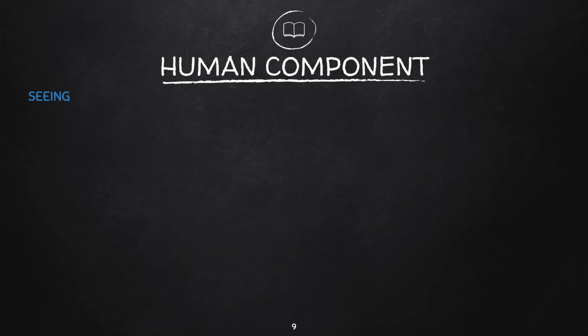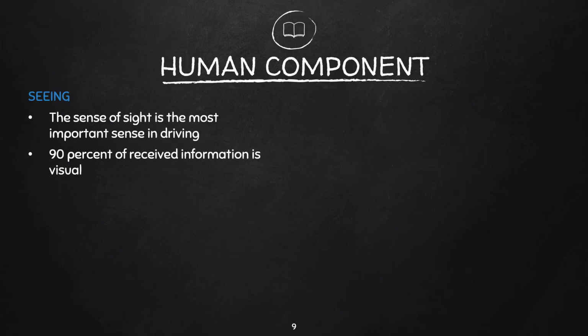So let's now move to the seeing part of the human component, or the sensing abilities of the drivers. The sense of sight is the most important sense in driving. That's why when you are going to take your driver's license, this is one of the tests that is being done for your medical certificate. 90% of received information is visual.